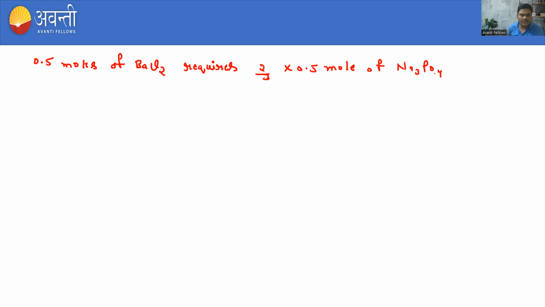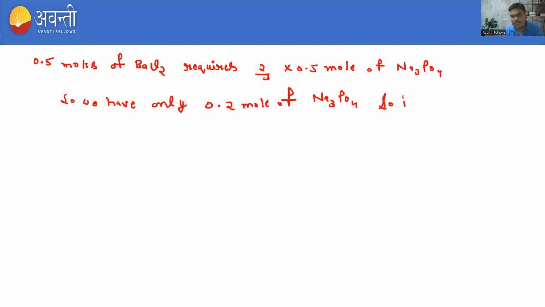You have only 0.2 mole of Na3PO4, so it is the limiting reagent, right? We know that the product depends only upon the limiting reagent. So use only Na3PO4.